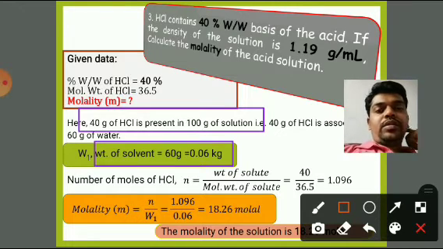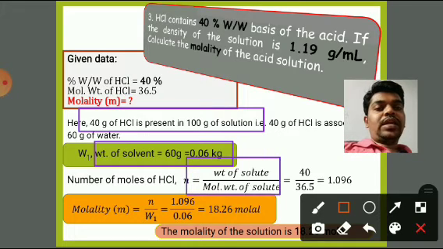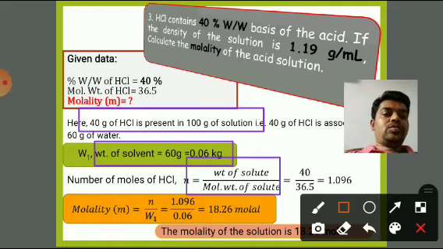Here we have to calculate the number of moles of HCl. For that we know the formula, n equal to weight of the solute divided by the molecular weight of the solute. Now here the weight of the solute is 40 gram, and the molecular weight of the solute is 36.5.